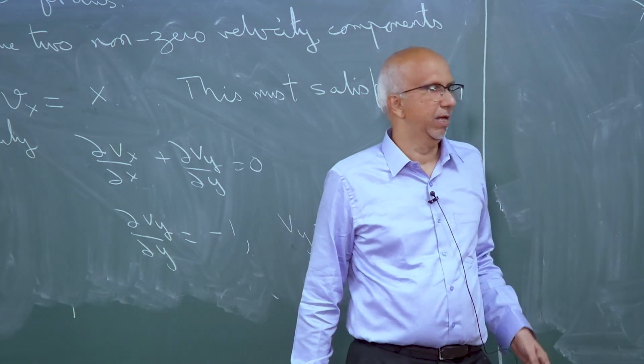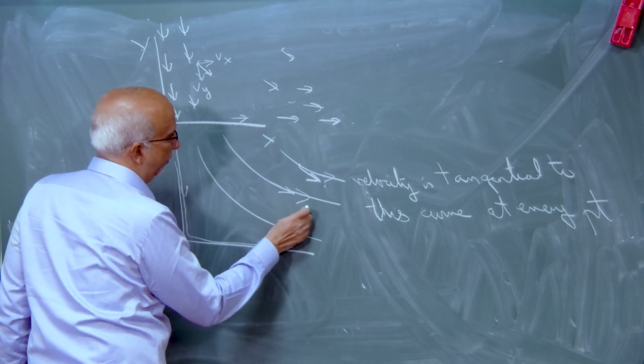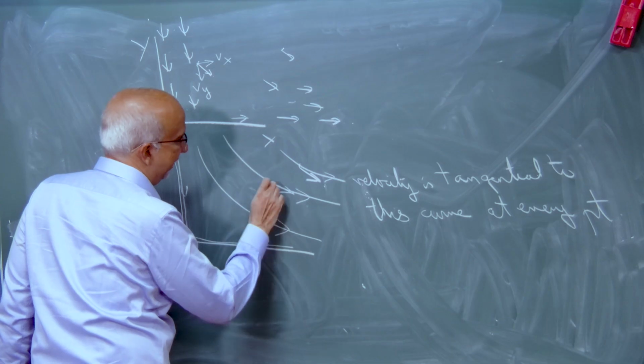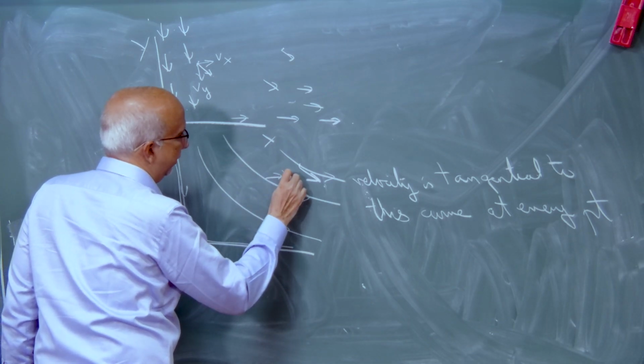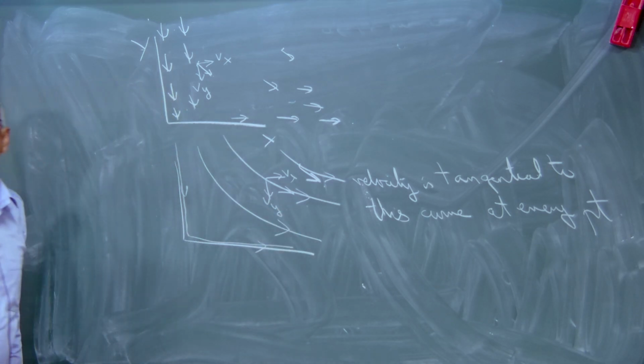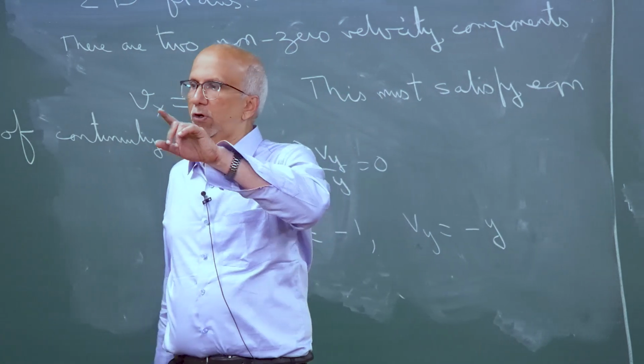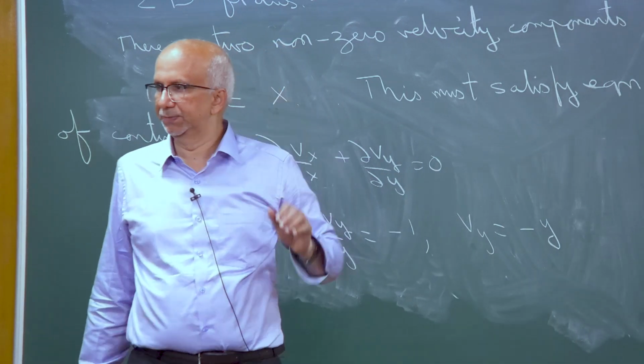So, if I come here, I may draw the tangent, that is the net velocity, it has an x component and this has a y component. Now, these curves that I have drawn, these are called streamlines.